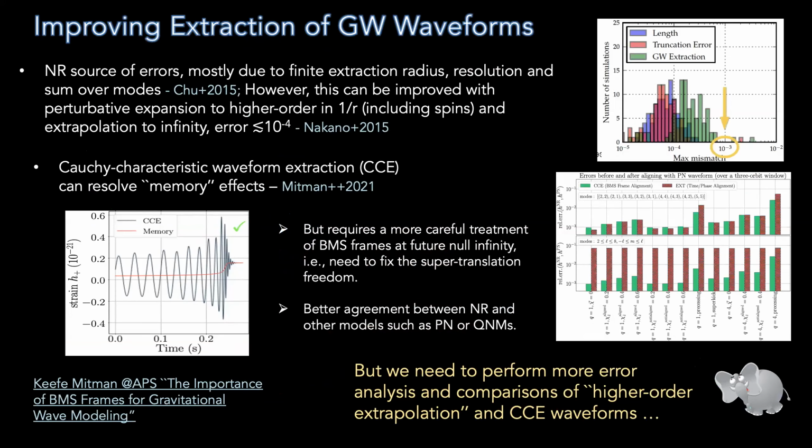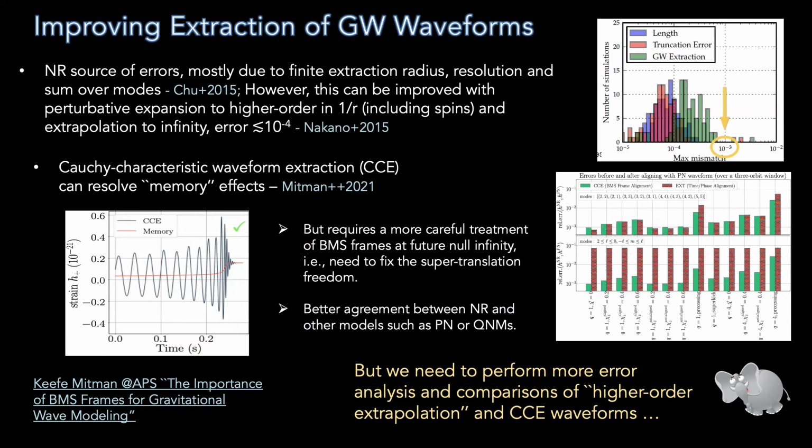Well, we're talking about waveforms, and as we extract those waveforms in numerical relativity, we usually extract at a finite radius, and we use extrapolation methods to infer the waveform far away where the observer is located. We use a perturbative expansion to higher order, perturbative in 1/r, and extrapolation to infinity.